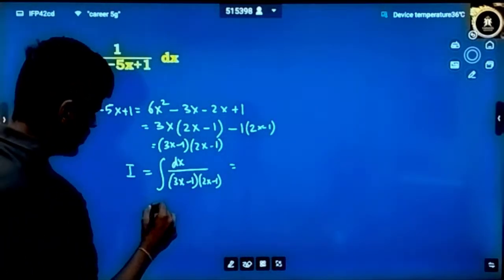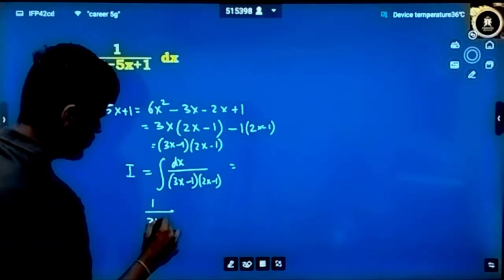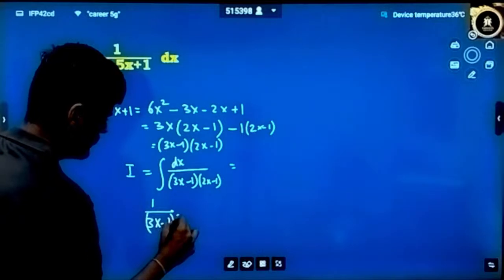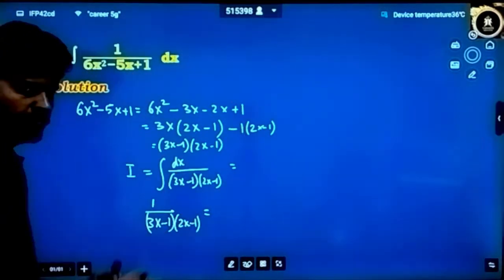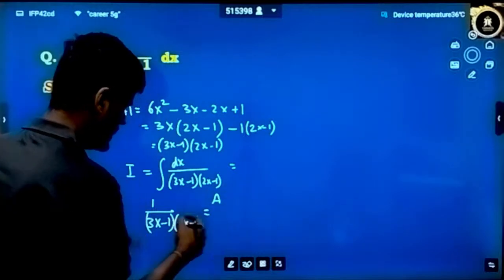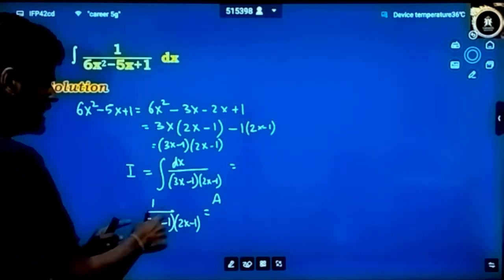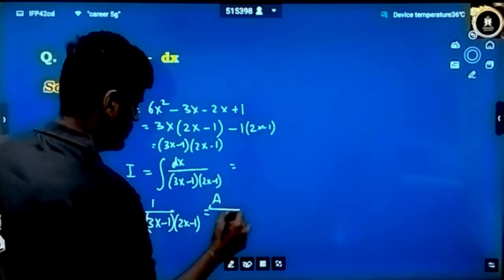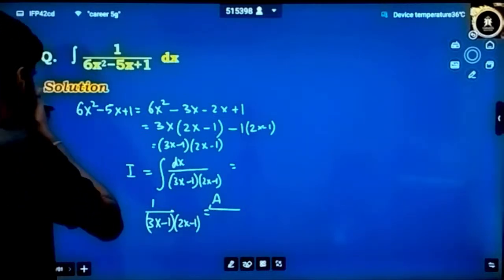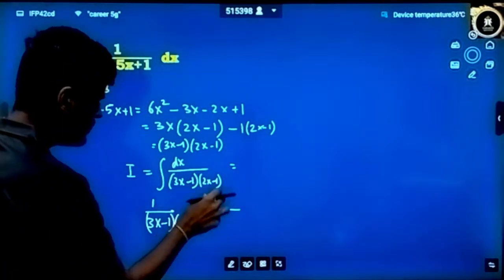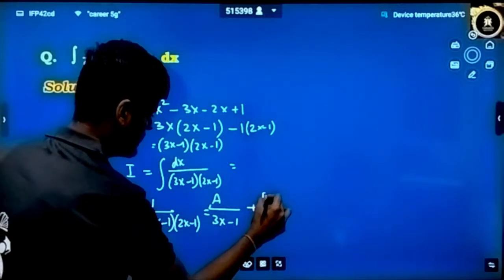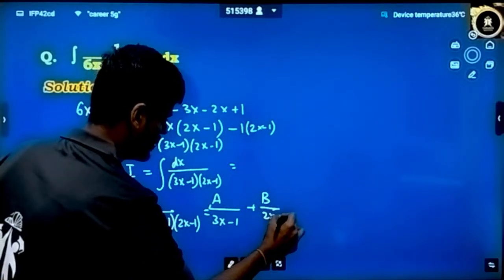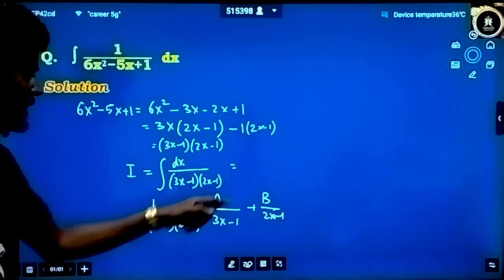Here the factors are non-repeating and linear, so 1 by 3x minus 1 into 2x minus 1 is split as a by 3x minus 1 plus b by 2x minus 1. This is how we should split this.